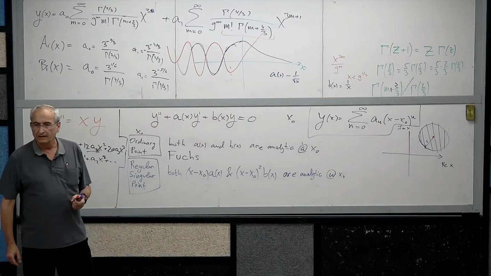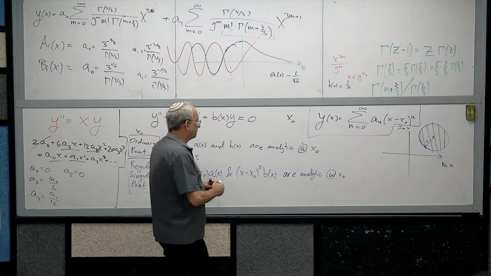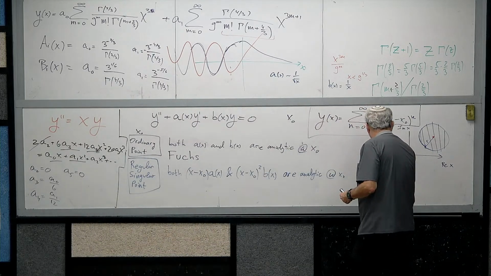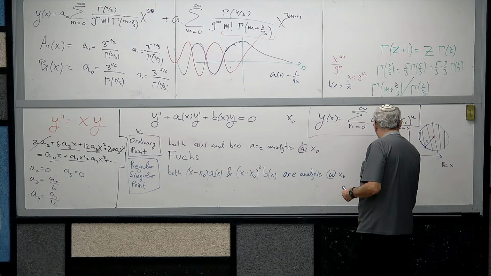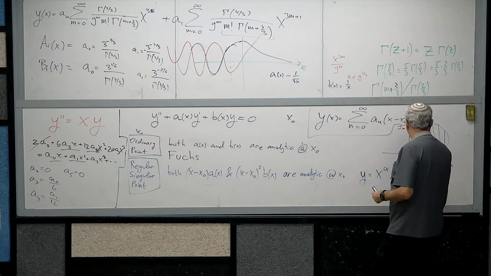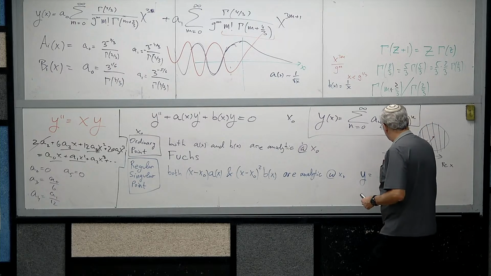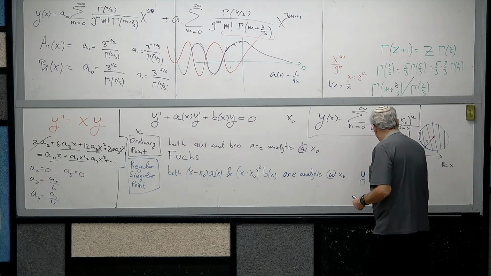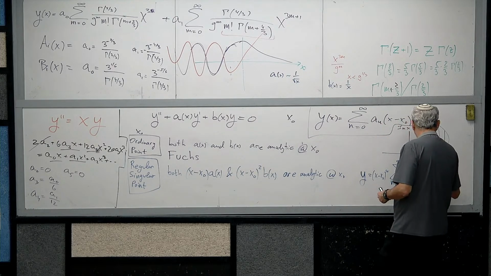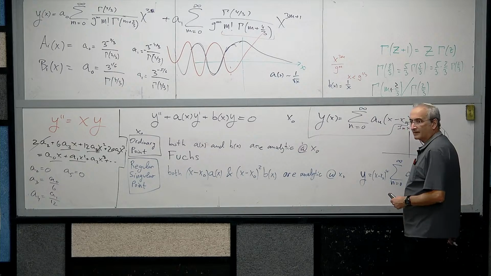Frobenius. And Frobenius showed that at least one of the solutions has the form y equals x minus x0 to the alpha times the sum from n equals 0 to infinity of a_n times x minus x0 to the power of n, right?